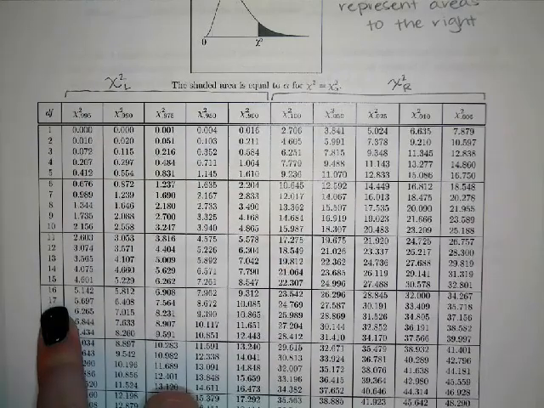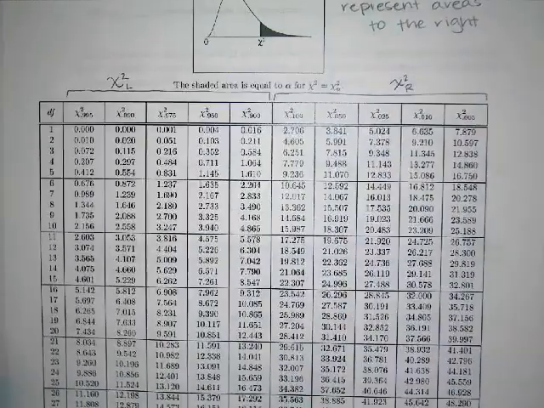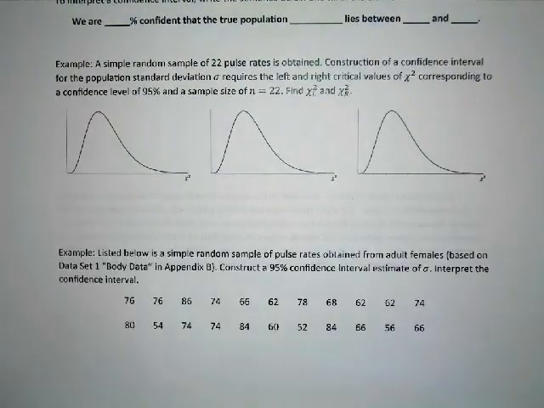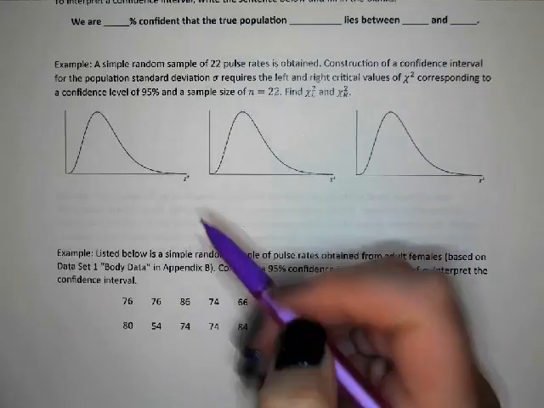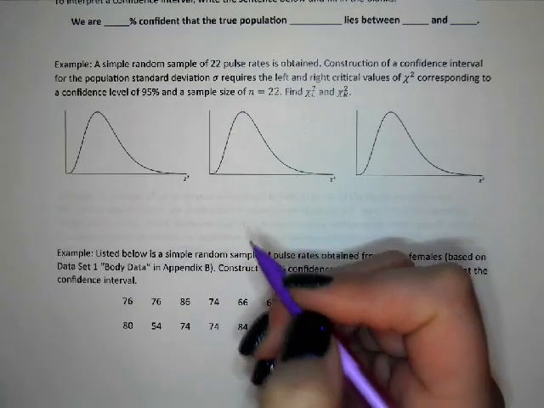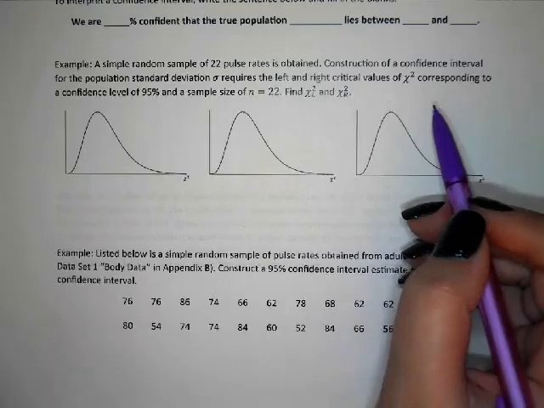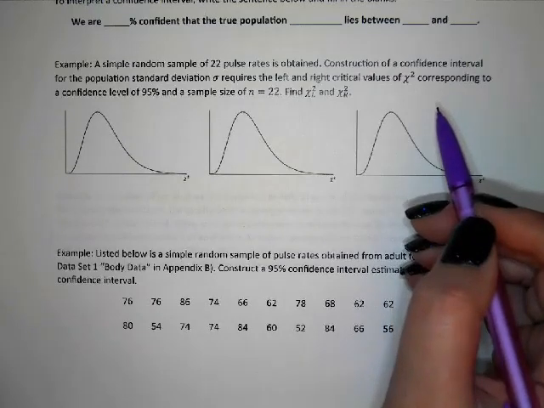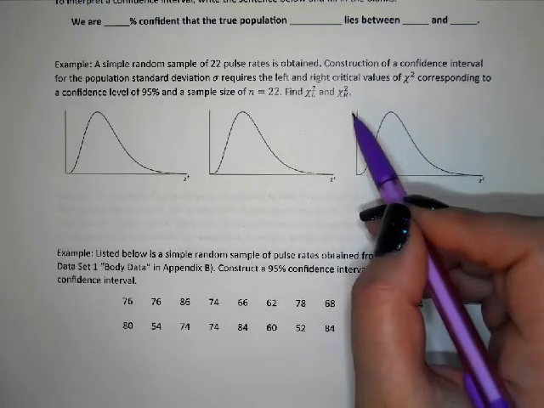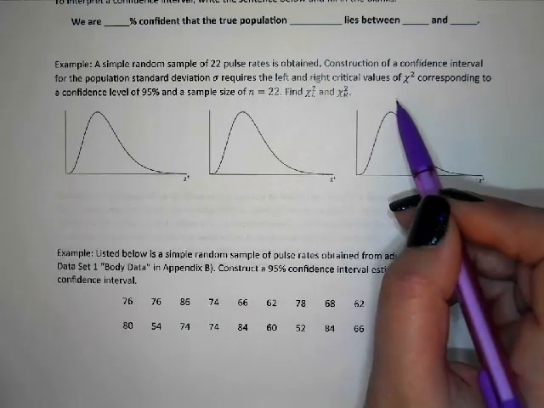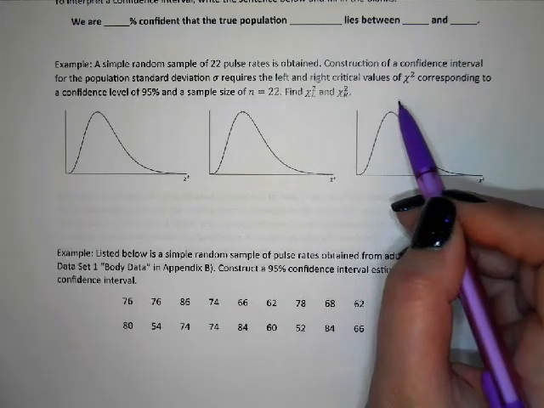Okay, so we're going to do an example of finding the chi-squared values for this example problem. It says a simple random sample of 22 pulse rates is obtained. Construction of a confidence interval for the population standard deviation sigma requires the left and right critical values of chi-square corresponding to a confidence interval of 95% and a sample size n equals 22.